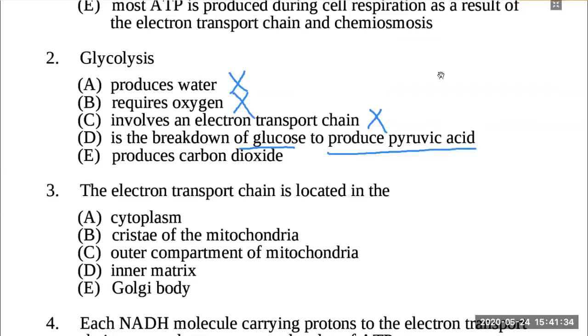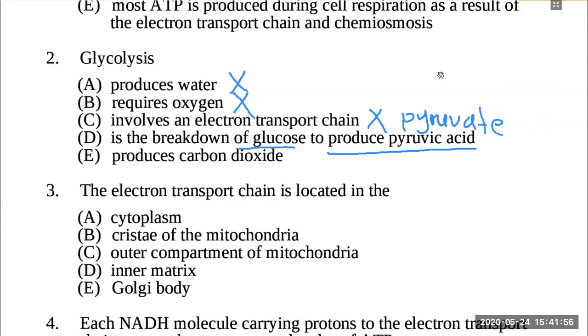Exactly. During glycolysis, as I mentioned, it's the breakdown of glucose into pyruvic acid, or we can say pyruvate. Pyruvate or pyruvic acid are the same. It produces carbon dioxide.